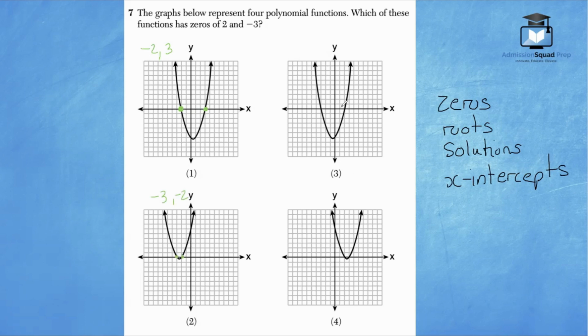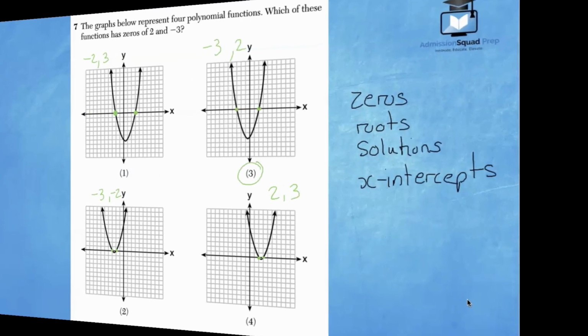Again, that is not what we're looking for. Answer choice 3, the zeros are -3 and 2. That looks to be correct. And for answer choice 4, the zeros are 2 and 3. That looks to be incorrect. So answer choice 3 is the correct answer.